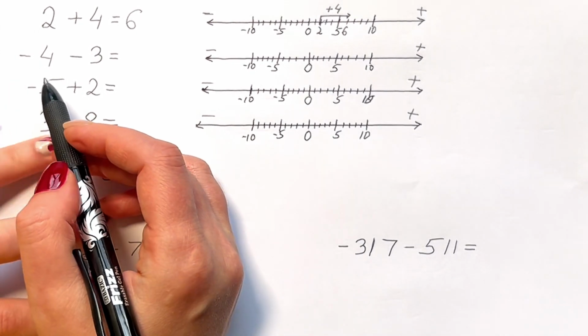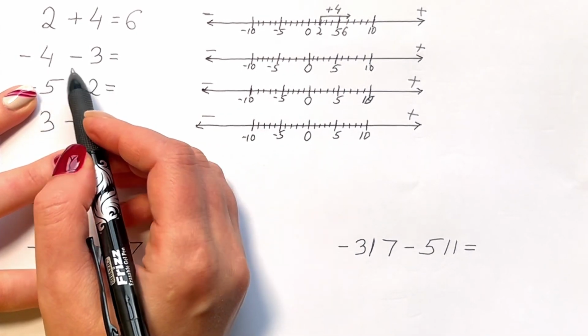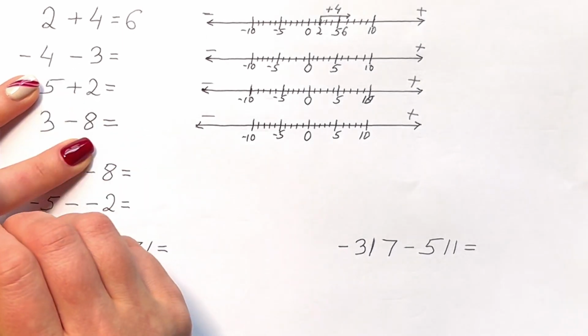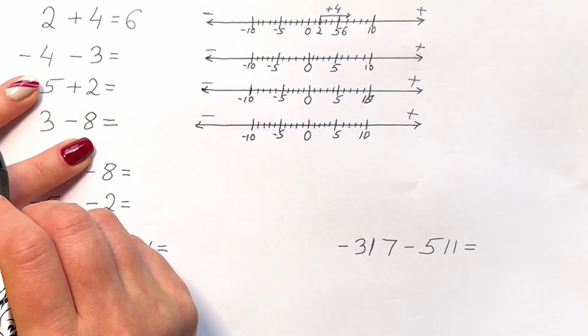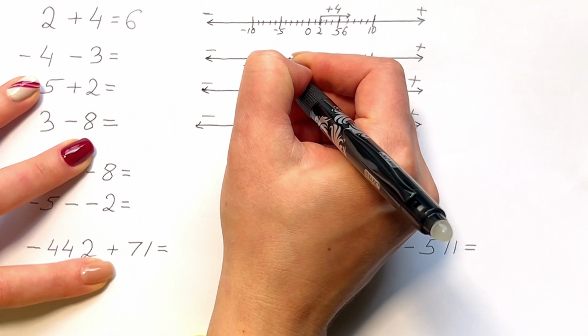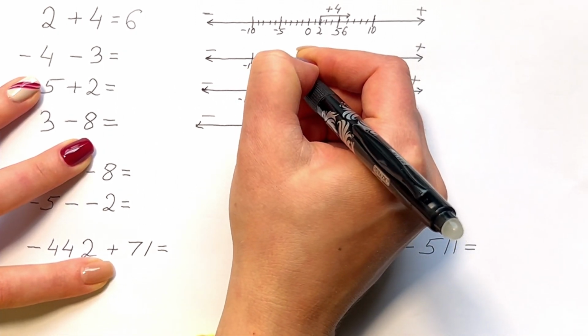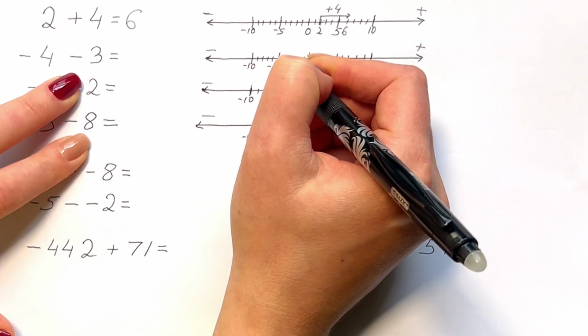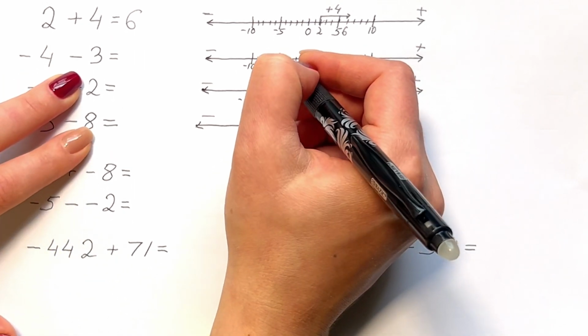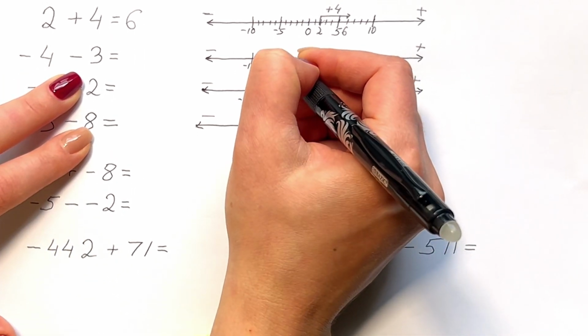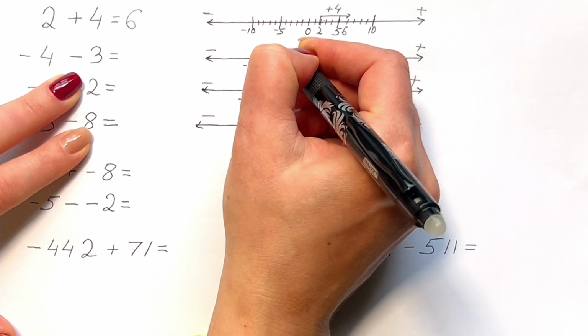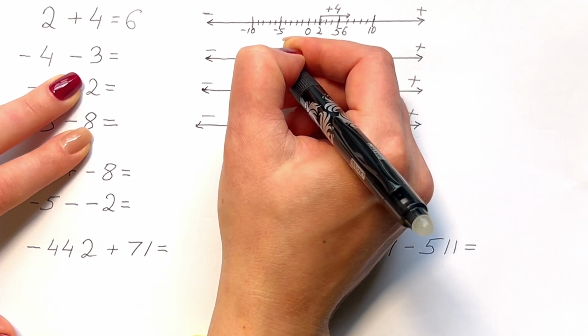Okay, what about if I have 2 negative numbers? Okay, let's look at the number line. Where is the negative 4? Negative 4. Okay, I'm starting from the negative 4. And because the second number is negative, I'm going to the left 3 digits. So, 1, 2, 3.